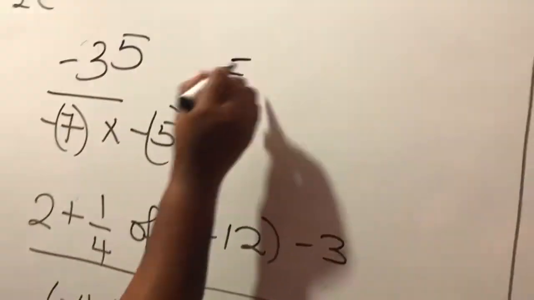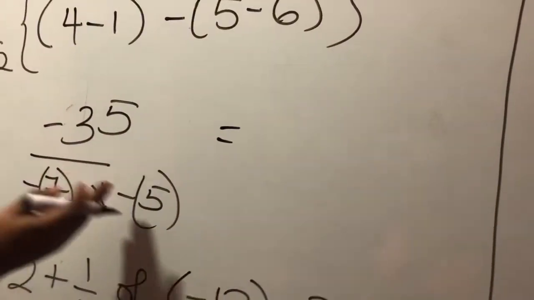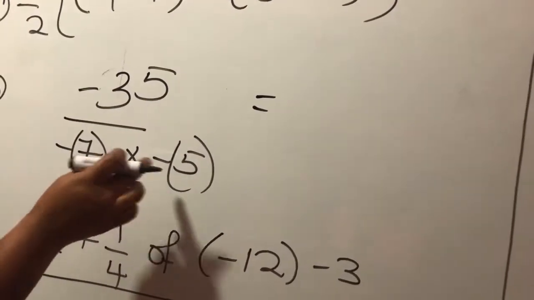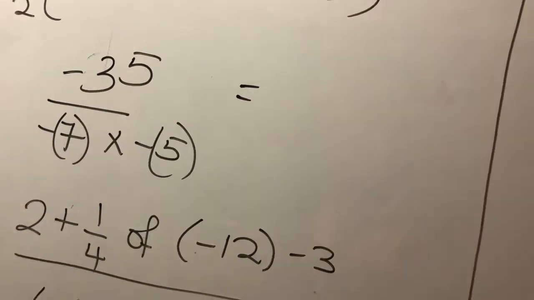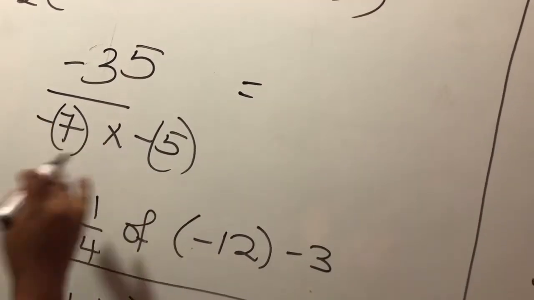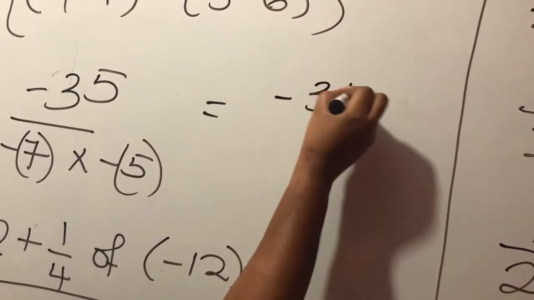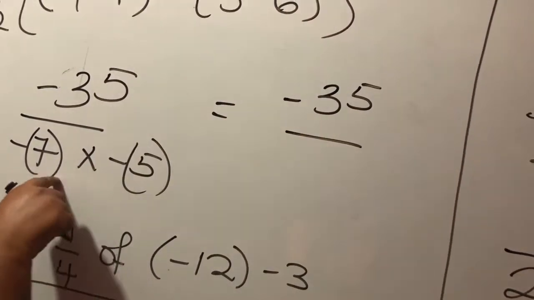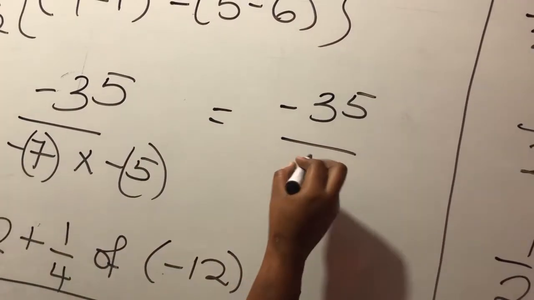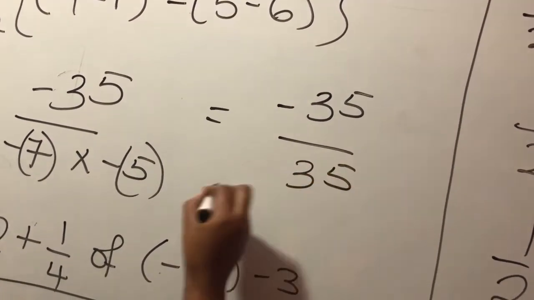Okay, let's do the second question. We have negative 3 being divided by what? Negative 7 times negative 3, negative 5. Now you know that negative times negative will always give us a positive answer. So we have our minus 35 here, and this one is giving us a positive 35.